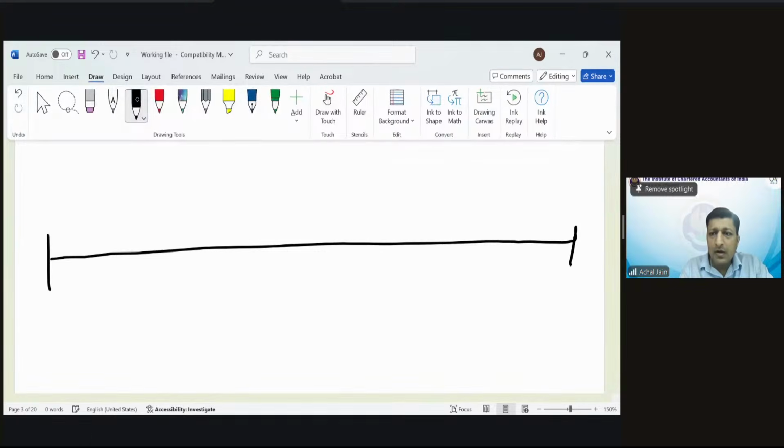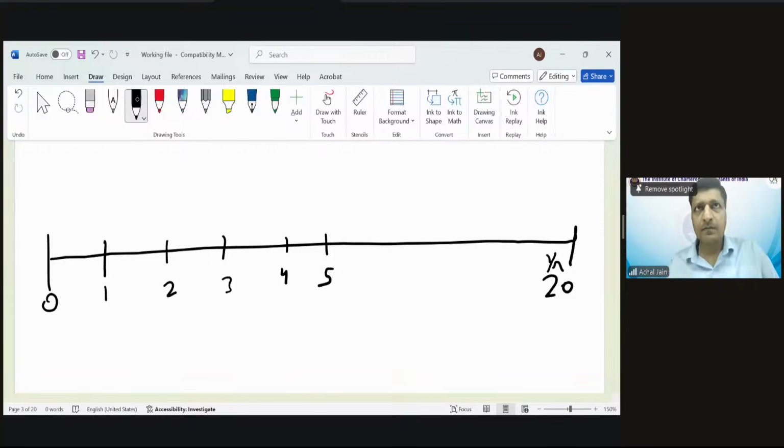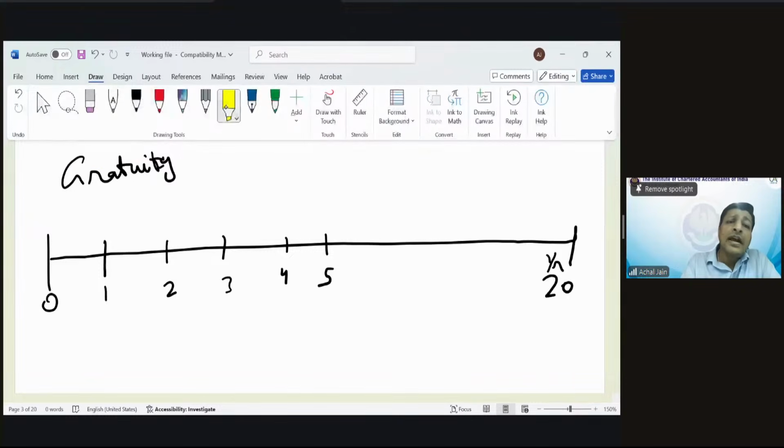Now, let's suppose an employee benefit will be payable in year 20. Each year, when the employee renders services, let's suppose we are talking about gratuity now. Gratuity is a kind of employee benefit. And when is that payable?